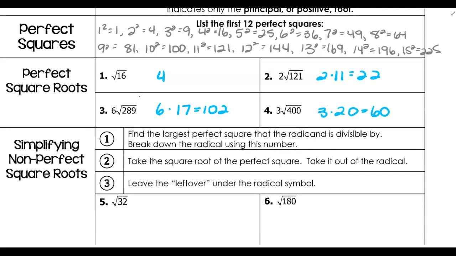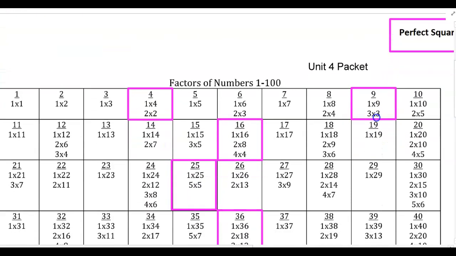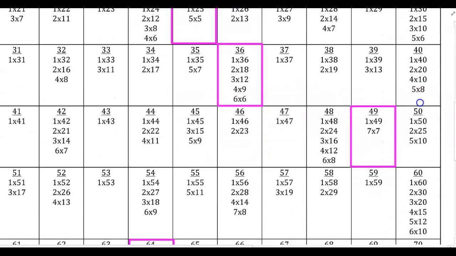So let's take a look at some perfect squares. These will be a very valuable piece, kind of just like our factor chart. In fact, these are on your factor sheet. If you take a look, I've put rectangles around all of our perfect squares.